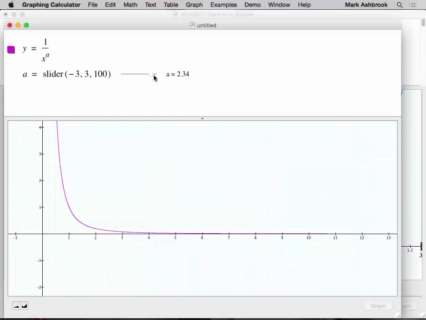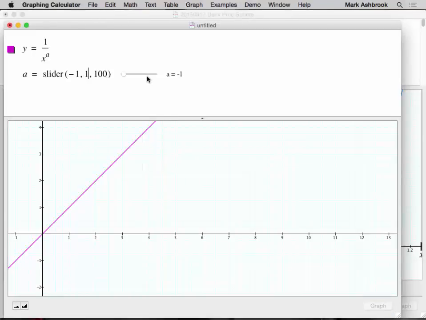So what about between 0 and 1? So here's 0.96. Let's do negative 1 to 1.